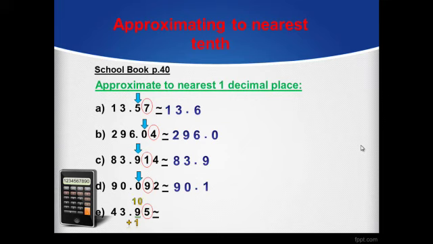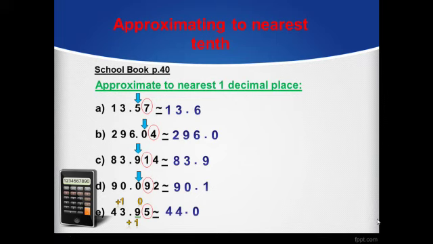Remember, we cannot write two numbers in the same digit. Thus, we will add 1 to units digit. And our result will be 44 point, and 10th digit will be 0, and numbers after it will be cancelled out.